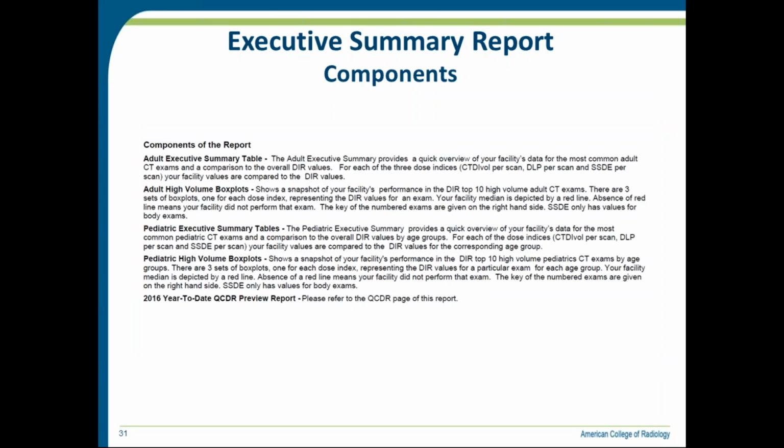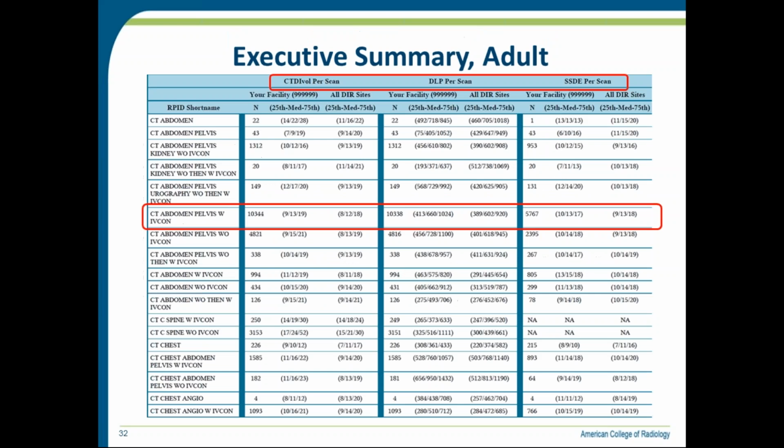Executive summary report components are part of page 4. We have the adult executive summary table, high volume box plot, pediatric executive summary table, pediatric high volume box plot, and 2016 year-to-date QCDR preview report.